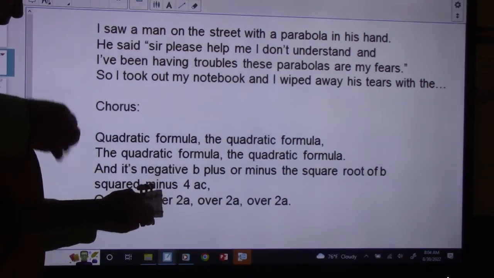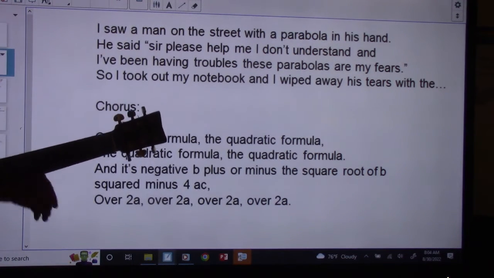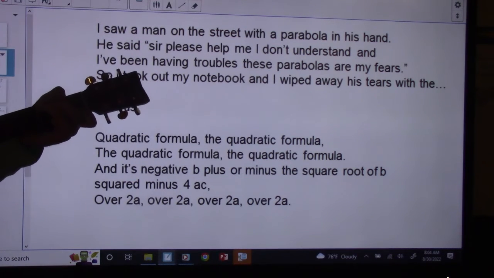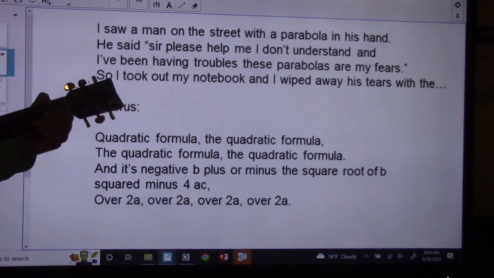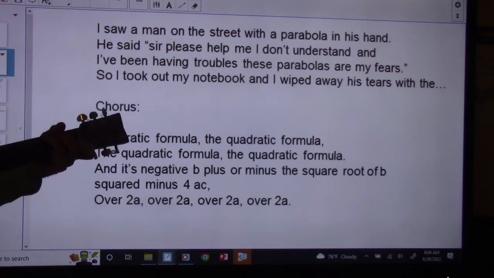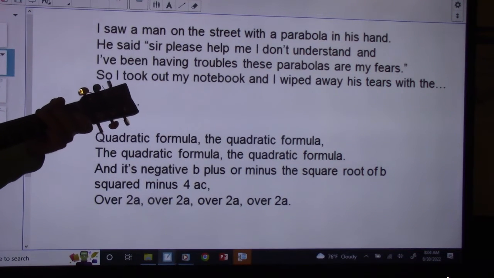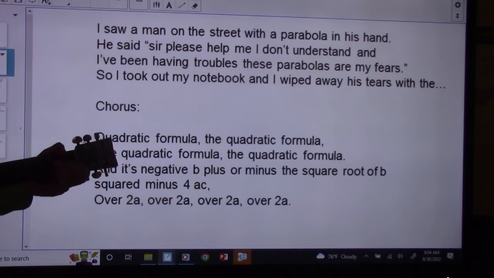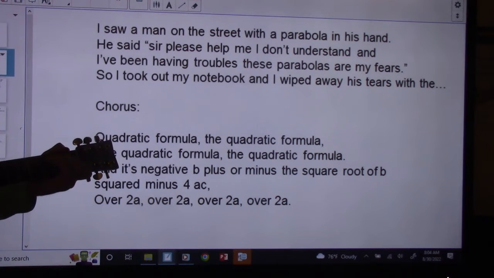Okay, I have the words here to help me, but the main thing here is the chorus that everybody's singing. The chorus goes like this. Quadratic formula, the quadratic formula, and it's negative b plus or minus the square root of b squared minus 4ac over 2a.